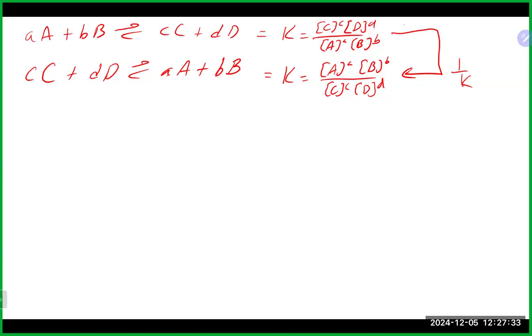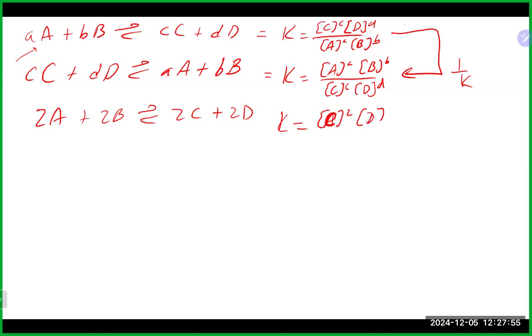Now, let's just say, for example, I multiplied everybody by 2, and I had 2A plus 2B goes to 2C plus 2D. The equilibrium constant here would be C squared, D squared divided by A squared and B squared.